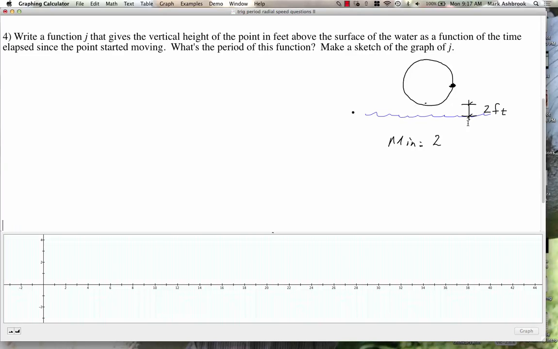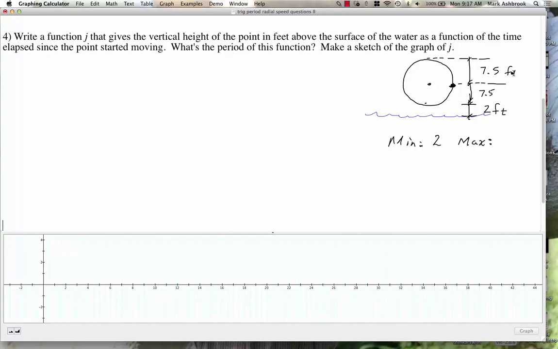Does it make sense? This is our water, now our 0 line. So now, what's the maximum height? What was our radius again? 7.5. So from here to here is 7.5, and from here to the top, another 7.5, right?